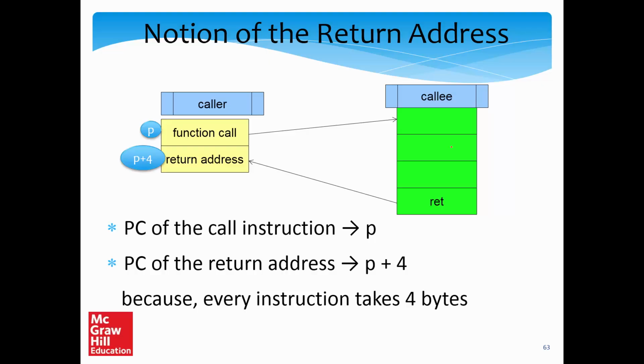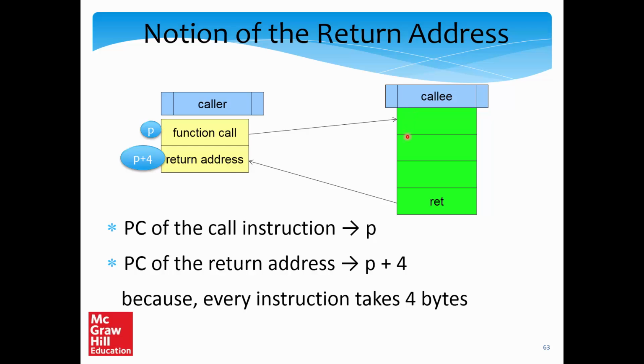Let's take a look at the notion of the return address once more. Let's assume that we have a caller. The caller is the function that invokes another function. The caller calls a function, so we have a function call instruction, and let the address of the call instruction be P. Then we call a function, which basically means that we jump to the beginning of the function.